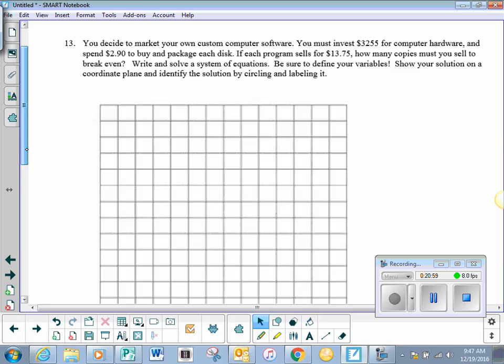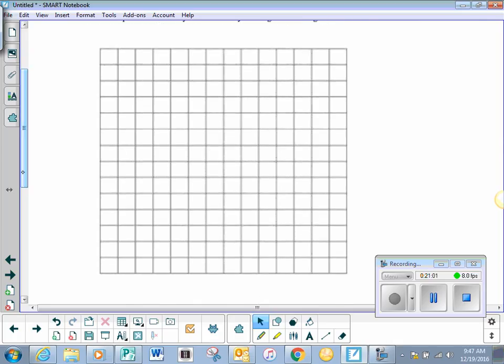Okay. Break-even points. I gave you the coordinates for this, or the intervals, and I'll do the same for you tomorrow.